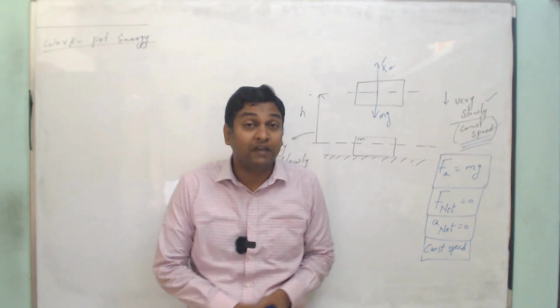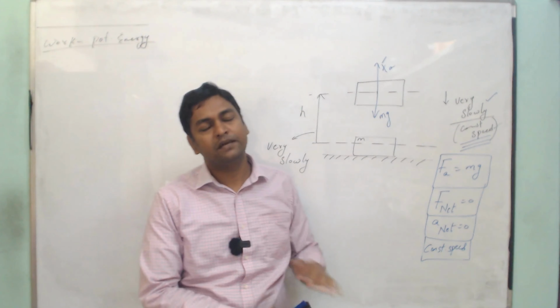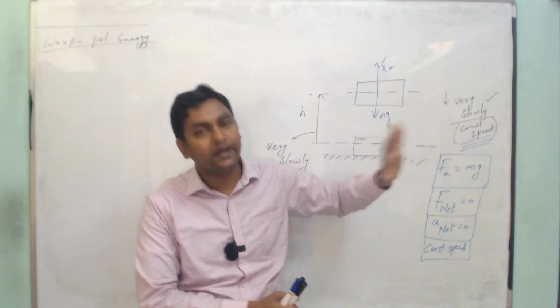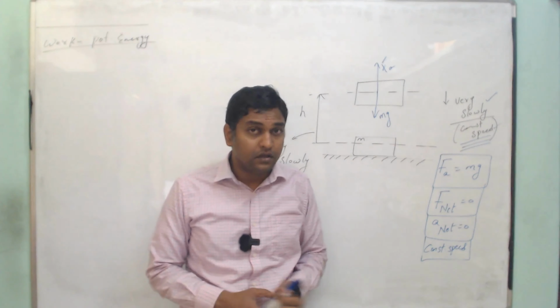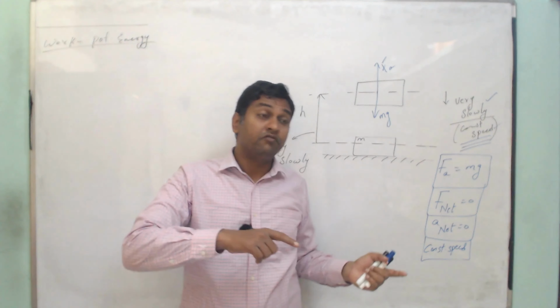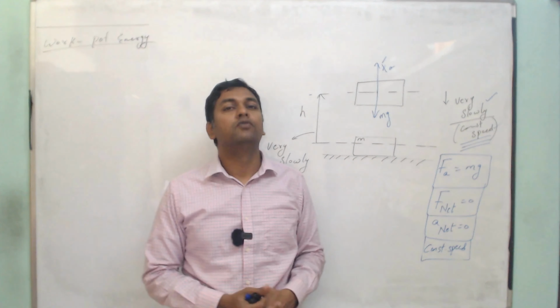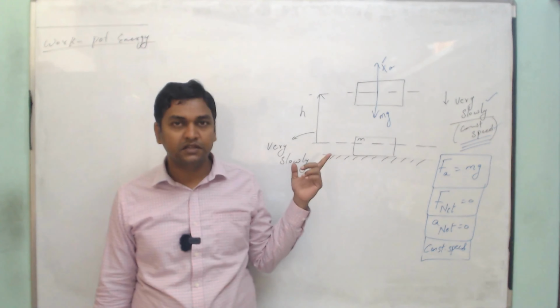Yes, sir. But while this is happening, what is the reason it is happening? The reason is motion, kinetic energy, speed, velocity, and all those things. Okay. Yes, sir. But while this is happening, what is happening to the gravitational potential energy?